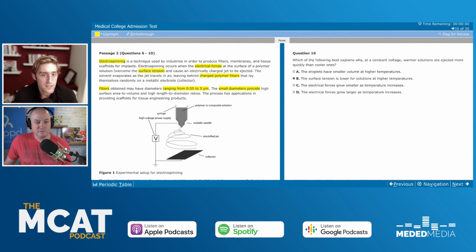Well, if the surface tension is declining, then the electric forces should have an easier time overcoming it, and the solution should, all else being equal, eject more quickly. I think C and D are really tempting answers here, because D, if it were true, would be correct, but electric forces on the MCAT are unaffected by temperature. Okay.